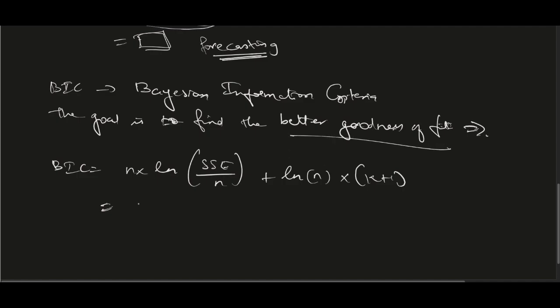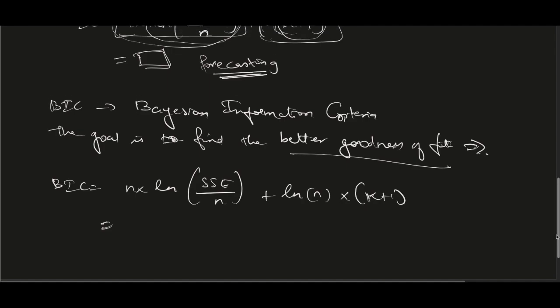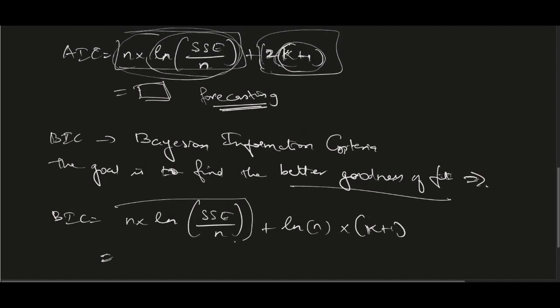Here k again indicates the number of independent variables. If you analyze the formula, the first part of BIC is just as the first part of AIC. So both are talking to us about the error.